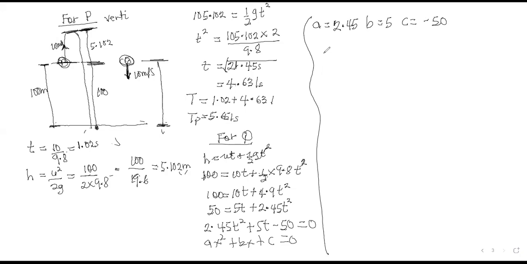Use the almighty formula to find the value of T. We've done this, so please do it for me right now. Minus B plus or minus the square root of B squared minus 4AC, all divided by 2A. Substitute and give me the value of T, I mean positive values of T. That should be within 2 minutes.